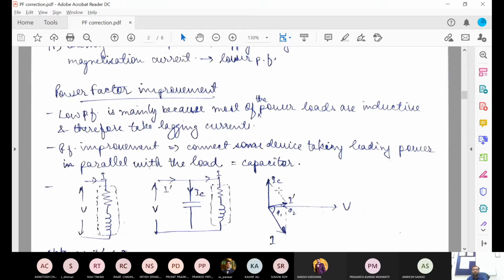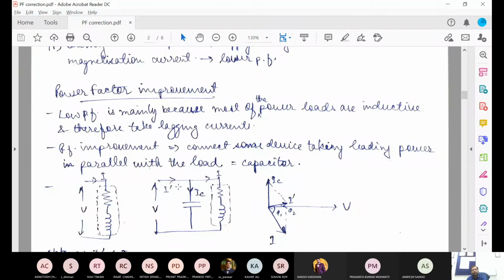So this IC in the phasor diagram will be leading the voltage by 90 degrees. As we know, everything in electrical circuits is phasor addition, which you can understand analogously as vector addition. The concept is similar.